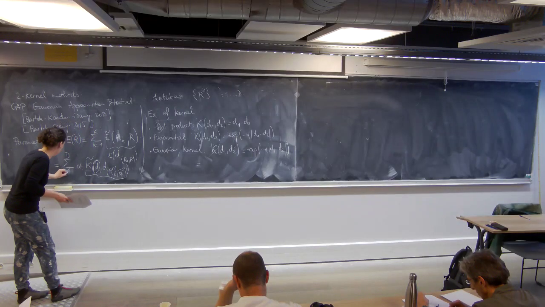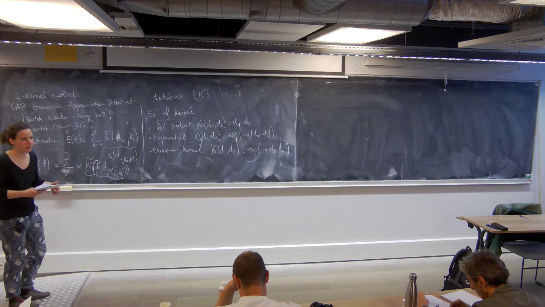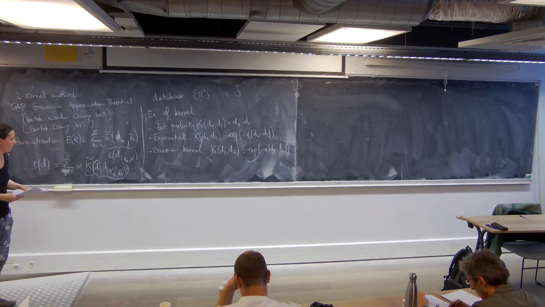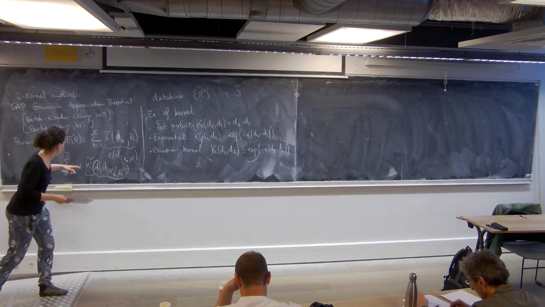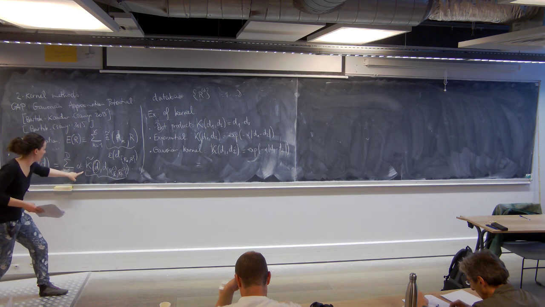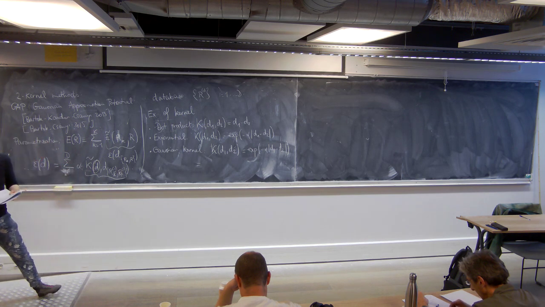Okay, I agree, this is different. But the spirit is that you have a database of atomic environments, and then the number of parameters that you have in the model corresponds to the number of atomic environments you have.